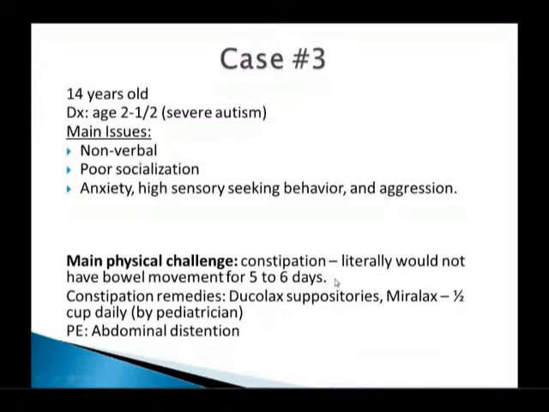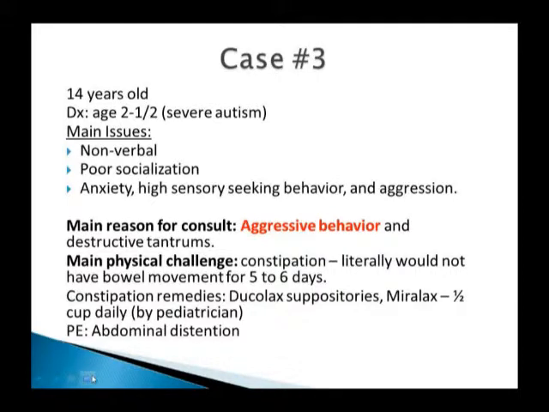And various remedies were tried. Dulcolax suppositories and Miralax, and physical examination showed that hard, pregnant belly look that we get with a lot of kids. The main reason for the consult, though, was this incredible aggressive behavior and these destructive tantrums that he would go into.